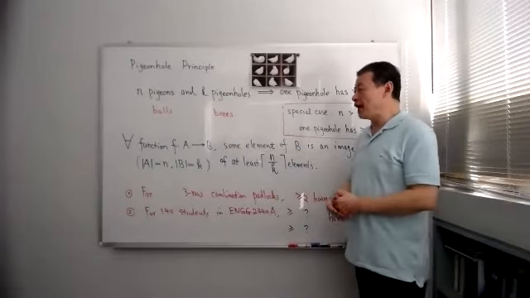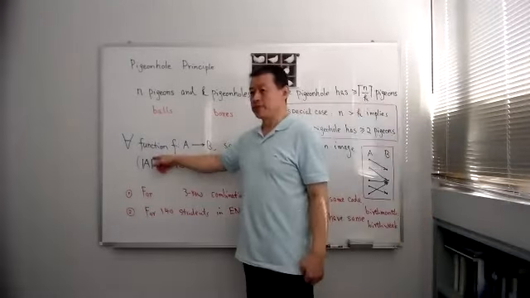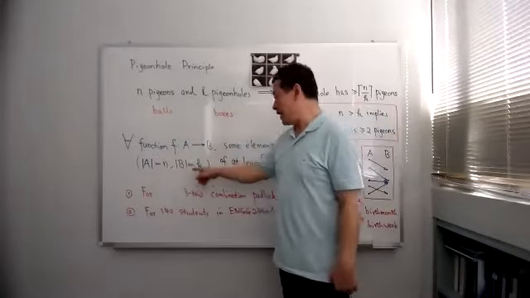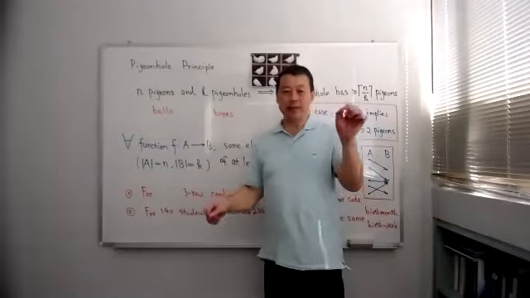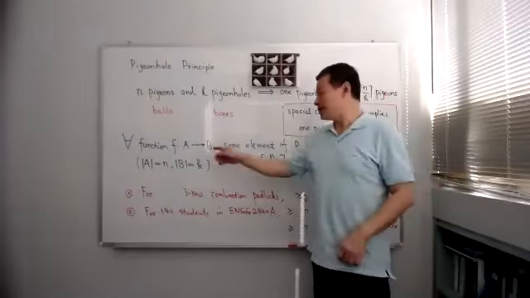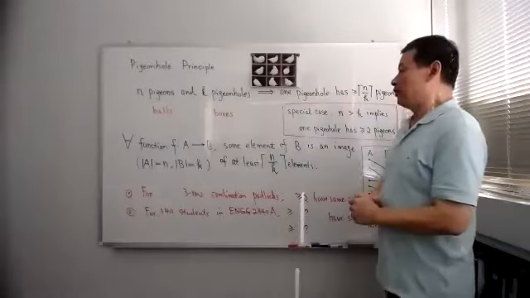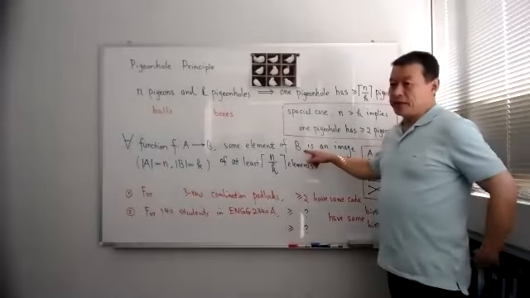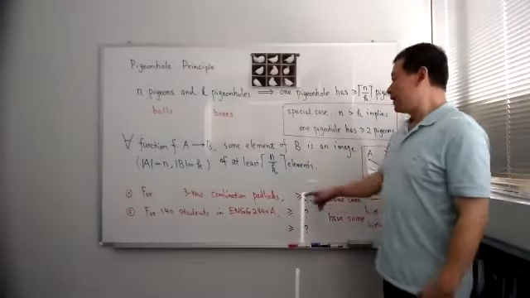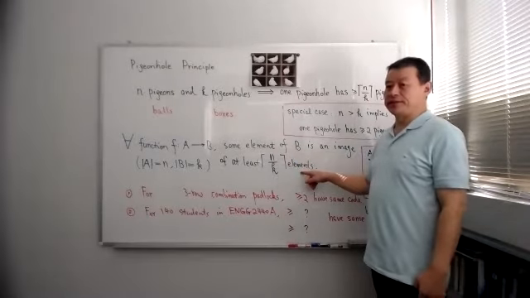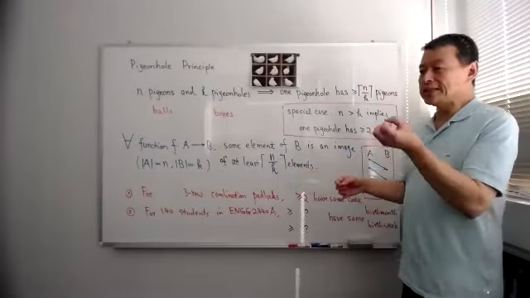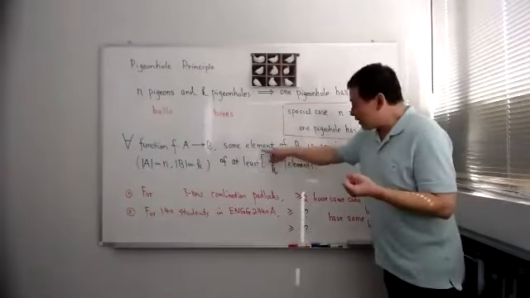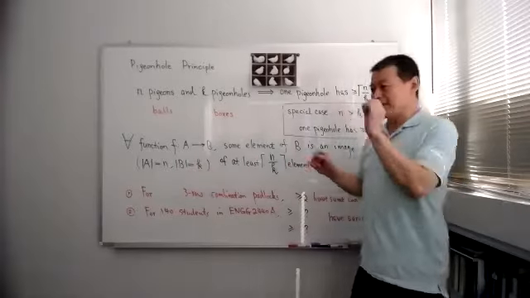So what we mean is, for any function from A to B, where A has n elements and B has k elements, we assign each element inside A to an element of B. So for any such assignment, some element of B will be an image of at least n over k elements of A.